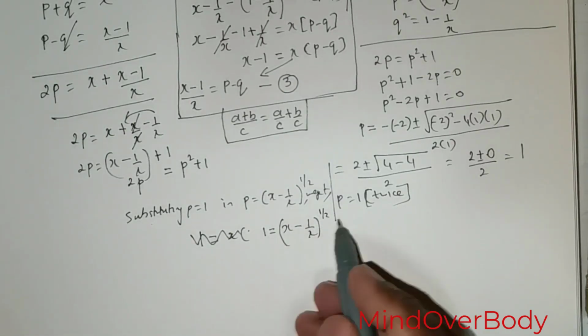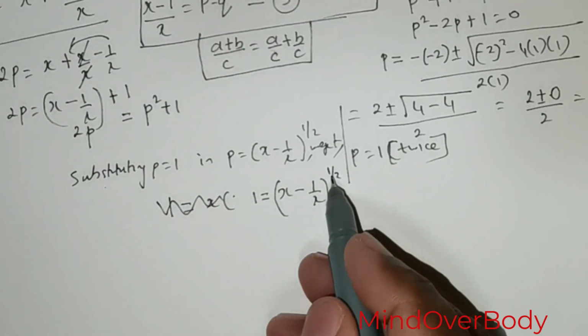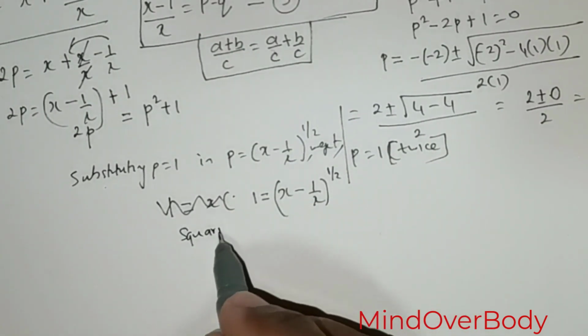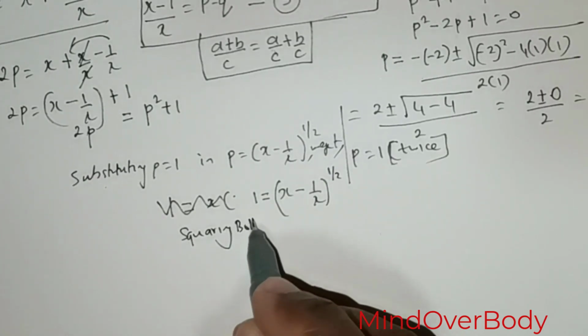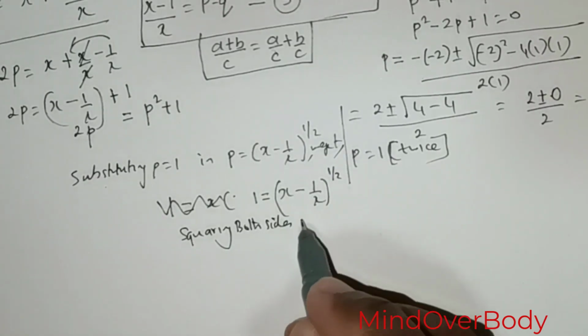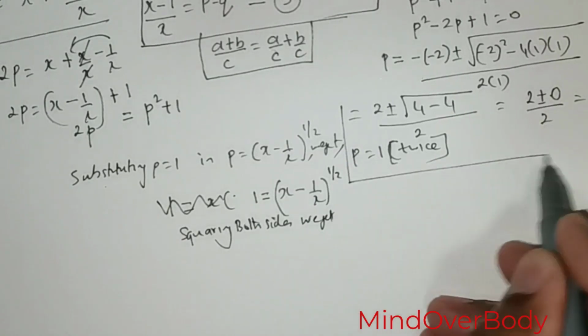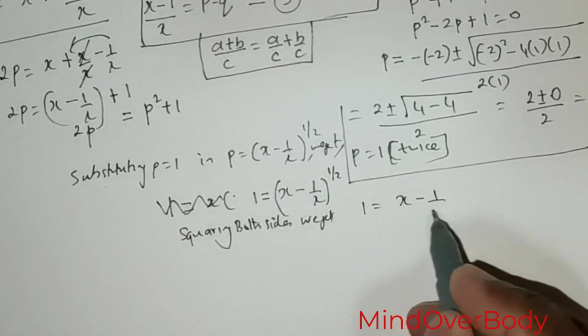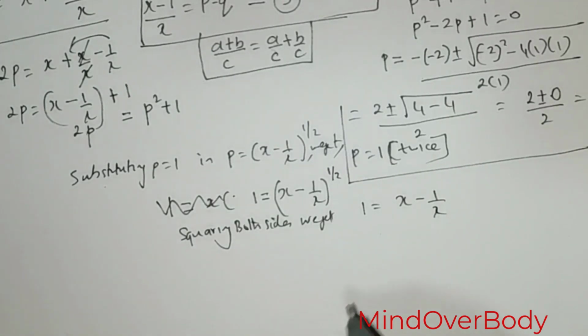Now if I square both sides to get rid of this half, this is going to give me 1 = x − 1/x.